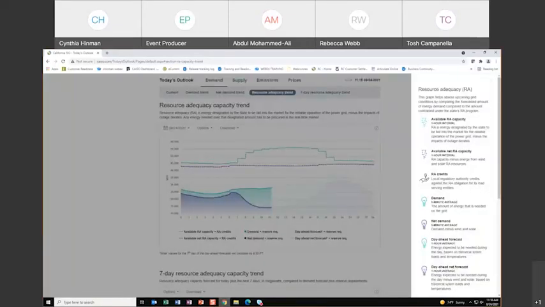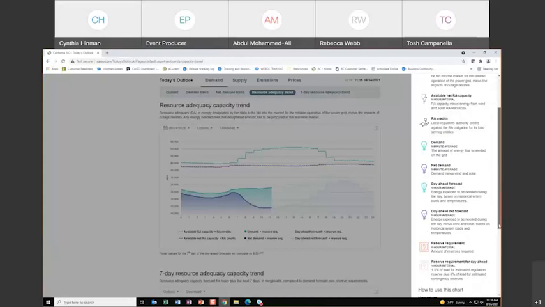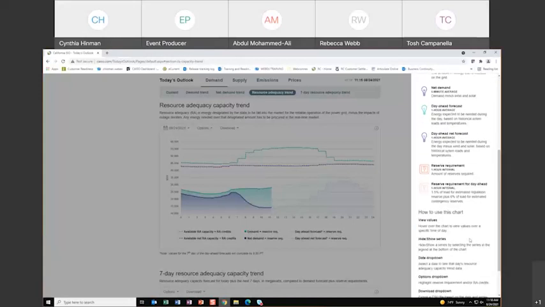The 6% is our reserves requirement. So we put those in the graph because this is actually what we have to operate to. It's not just a demand. We have to meet the reserves requirement at all times.